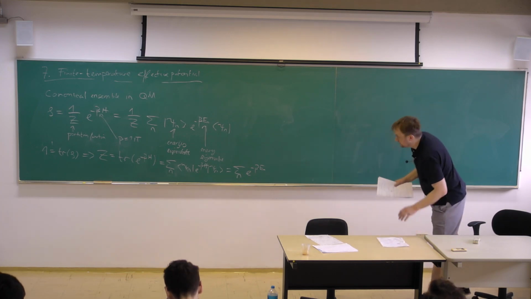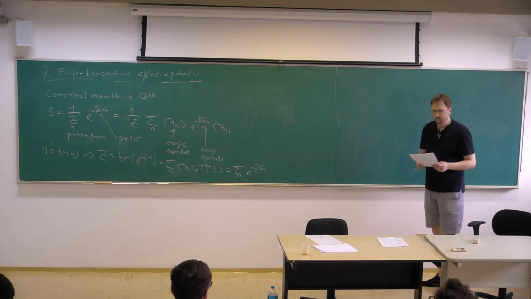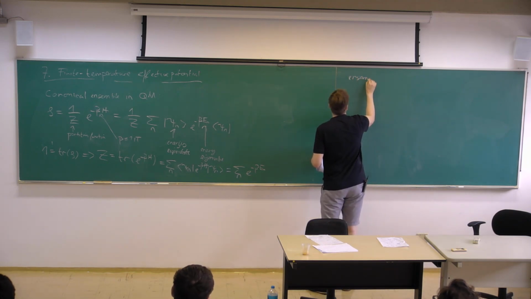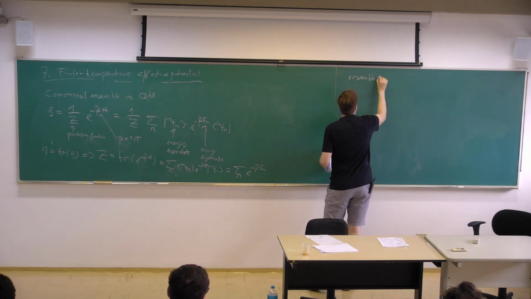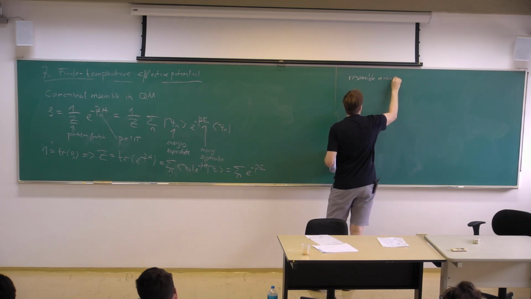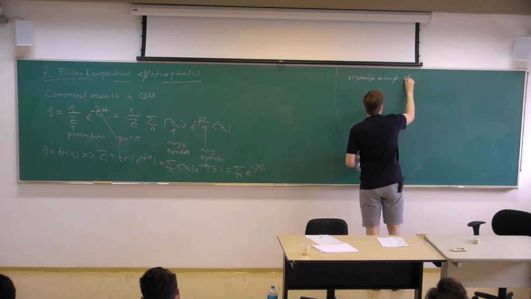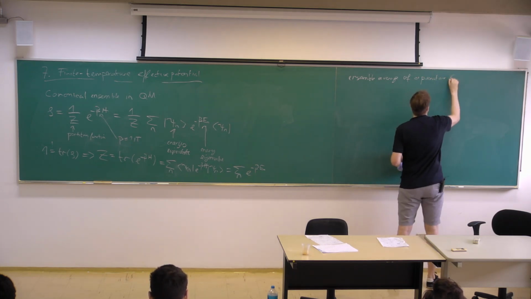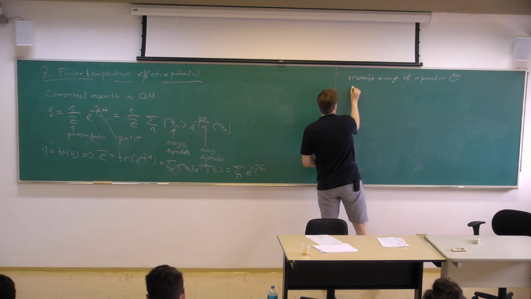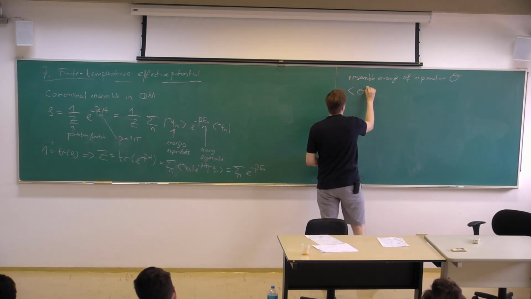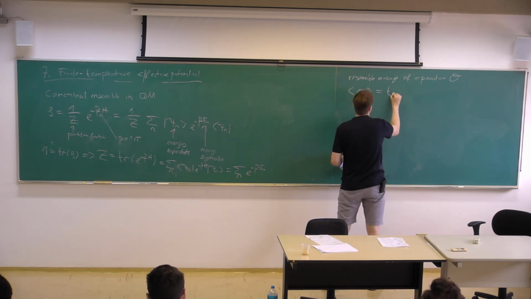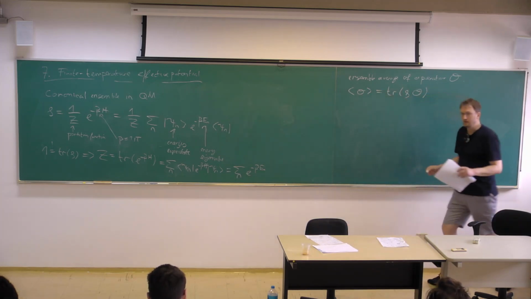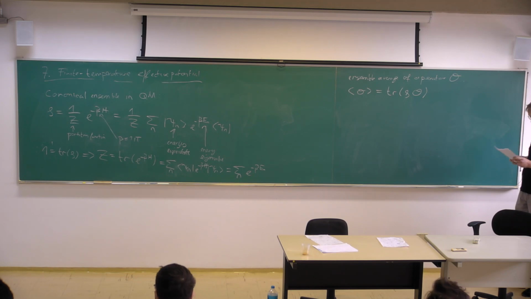And now if you want to calculate some ensemble averages of some operator O, the ensemble average is given by the trace of the density matrix times the operator, right?